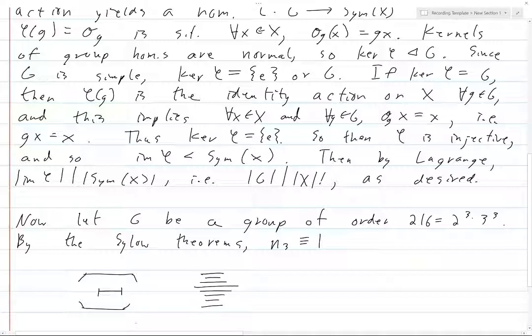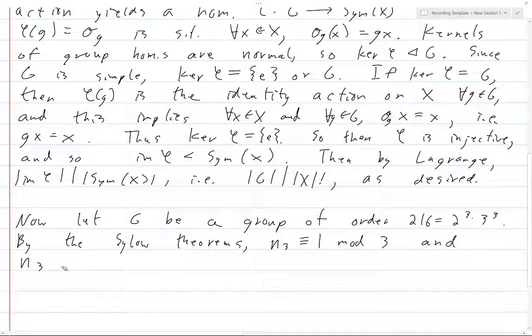So, anyways, by the Sylow theorem, n3 is congruent to 1 mod 3, and what else do we have? n3 divides, and I'm just going to be super explicit here, the index of S in G, where S is some 3 Sylow subgroup.